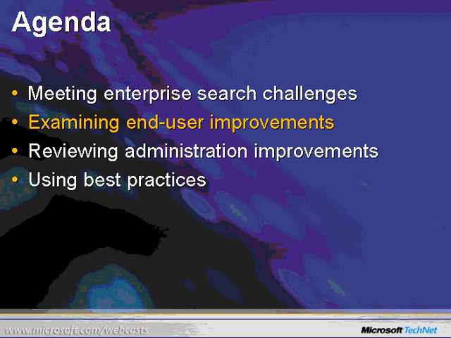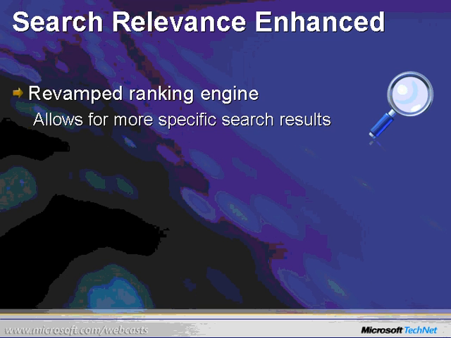So what are some of the things that we did to make your lives easier for your end users and fundamentally for us, right? First off, we revamped the ranking engine. We always allow for more specific search results. It's just some things we did under the covers. People would find documents, and the document they wanted to find might be the 10th or 20th in the list. Well, the way we're looking at the results now, we've totally revamped. We've totally rewritten that ranking engine to actually bubble up the results that people really want.